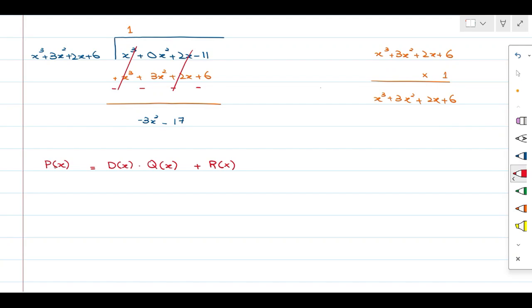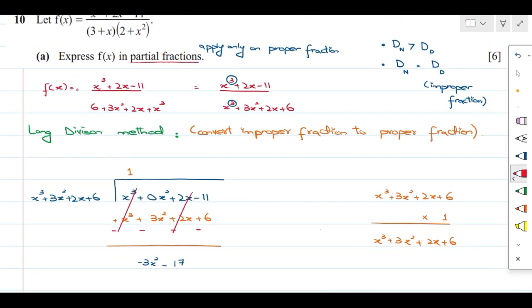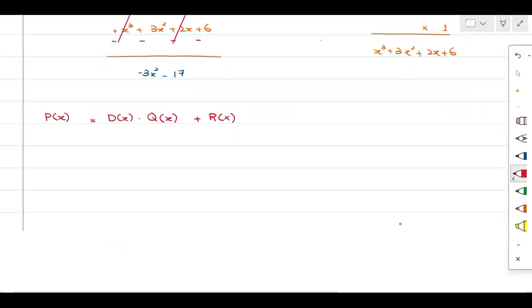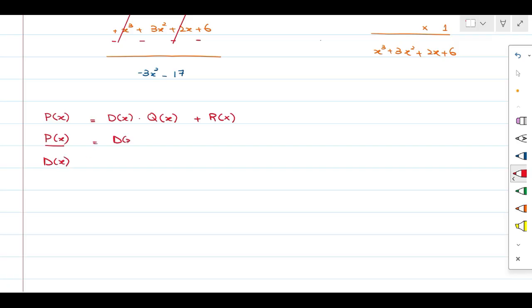Right. Okay. Now, this was your polynomial, right? This polynomial is divided by your divisor. Then what happens? When the polynomial is divided by the divisor, d of x into q of x is also divided by the divisor, and the remainder is also divided by the divisor.